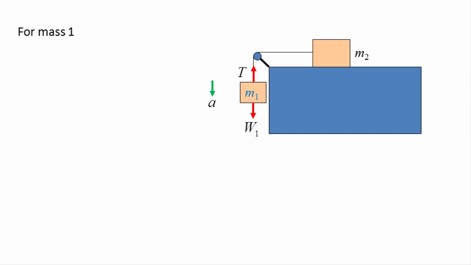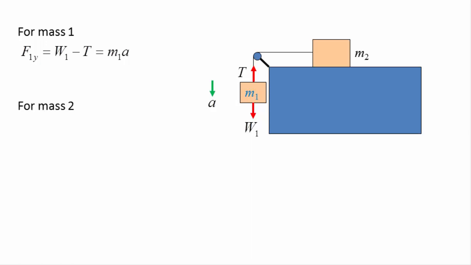Again, we will define the downward direction as positive so that we have a positive acceleration. So Newton's second law for the vertical direction gives us the net force being equal to the weight of mass 1 minus the tension, which of course is equal to mass 1 multiplied by the acceleration if there was a net force. If there was no net force, then the acceleration would be 0.